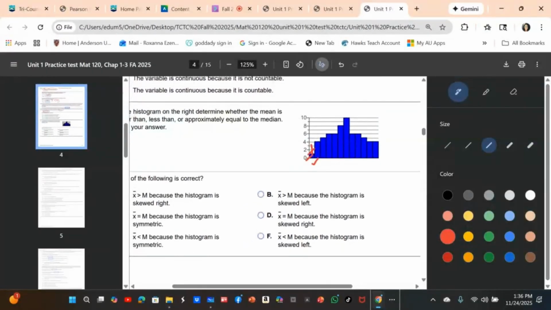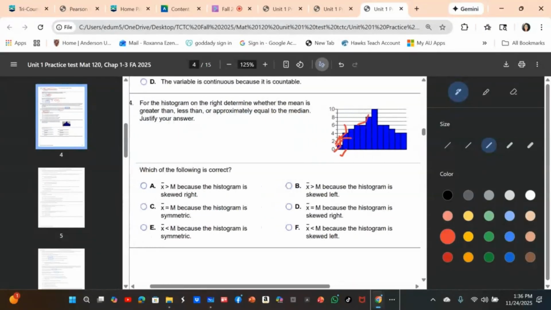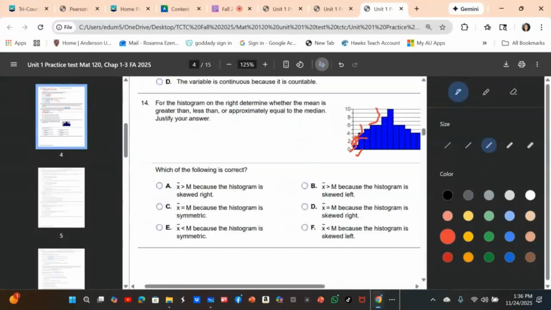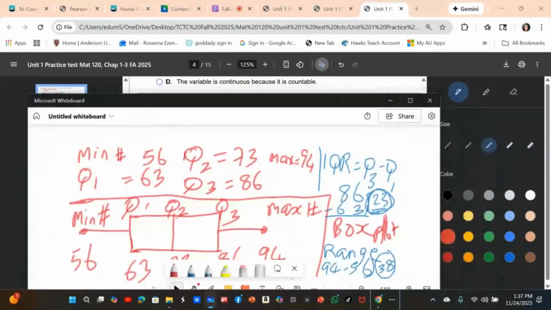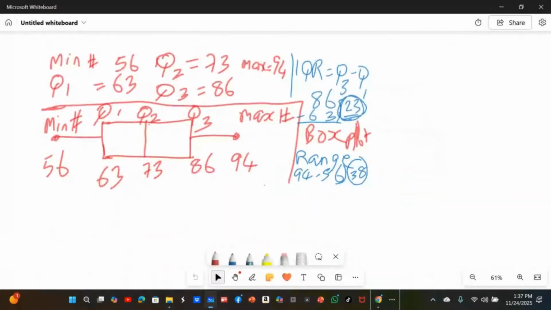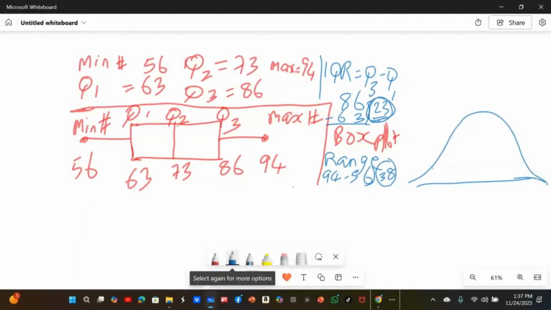If I try to superimpose the density curve on this, my density curve will look normal. So that is the kind of histogram that I had. It's approximately normal, it's not exactly normal.